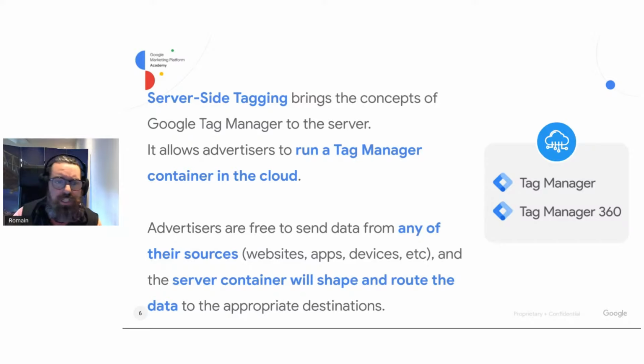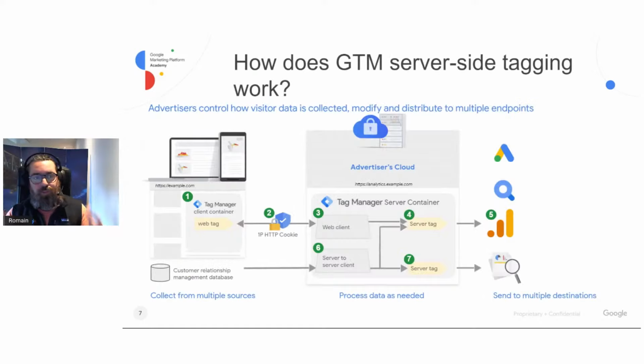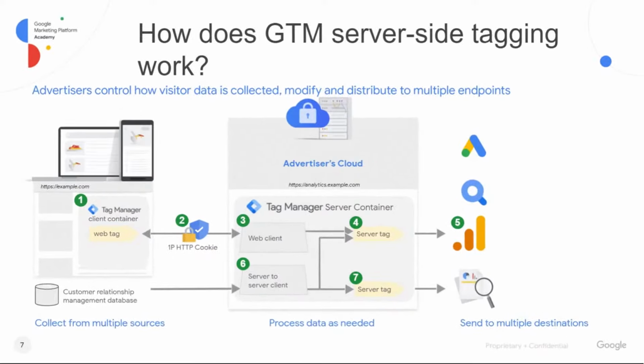I will show you quickly the high level of how this is working. We have a tag manager container that we will call the client container. That's the base. You need this container, a tag manager container that we will call the web tag.